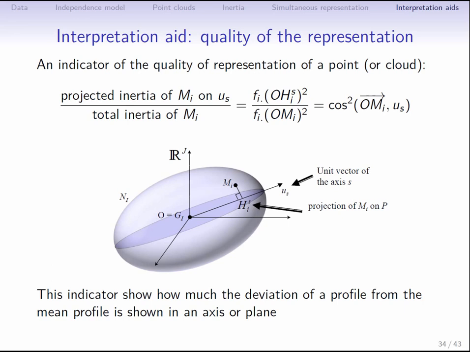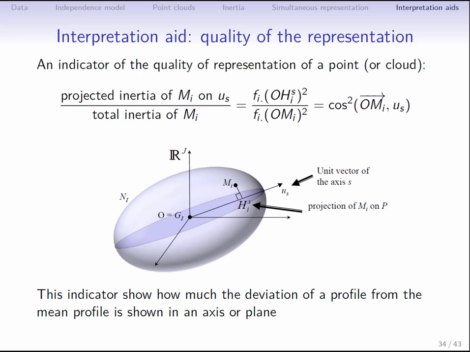If we switch back to the geometric interpretation, we have a point MI representing profile I, which is projected onto the axis US as the point HIS. To calculate the quality of representation of profile I by the S dimension, we thus calculate the projected inertia of MI on US divided by the total inertia of MI, which gives us Fi point times OHIS squared divided by Fi point times OMI squared.